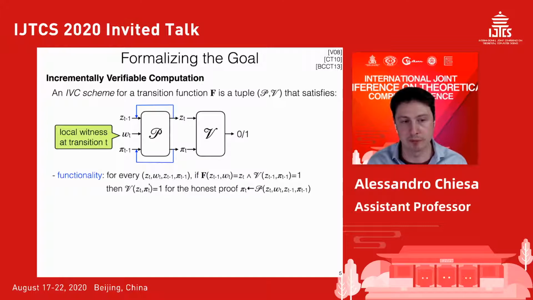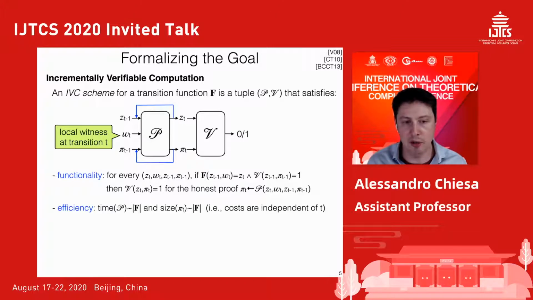Now, this would be rather trivial to construct if it wasn't for the main efficiency property that we want out of this primitive: each time you apply the IVC prover, you should only pay for the local computation f.